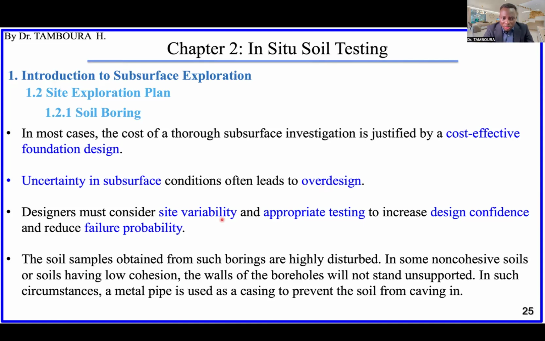The soil samples obtained from this boring are highly disturbed. Please, we have to be careful. In some non-cohesive soil or soil having low cohesion, the wall of the boring will not stand unsupported. In such conditions, we need to use some casing to prevent the soil from caving in.